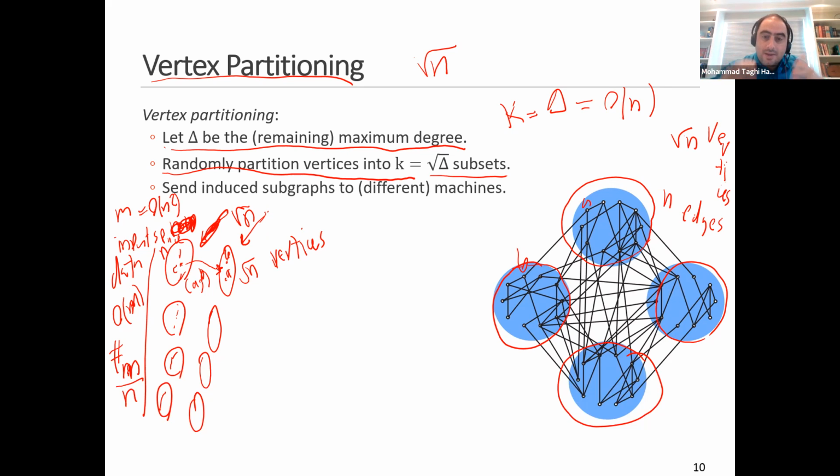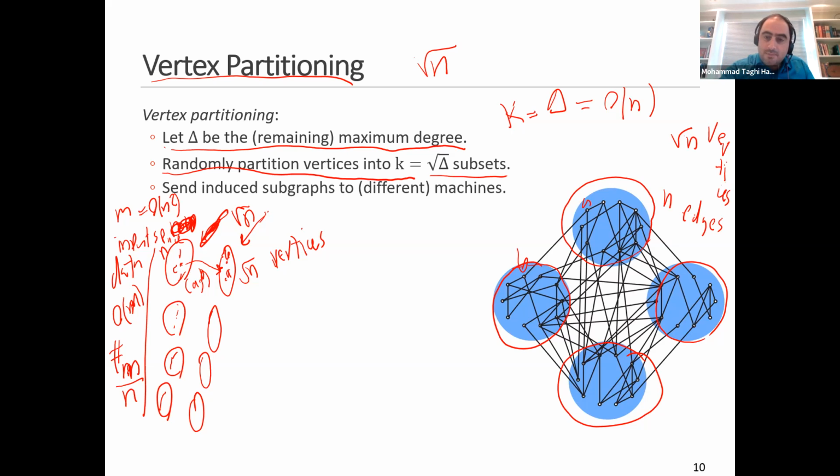Now, this is how the vertices have been partitioned. What will be the operations that each of these computers does when it gets the input? Each computer gets all the edges of its induced subgraph, and it just runs a random greedy maximal matching on this set of edges.